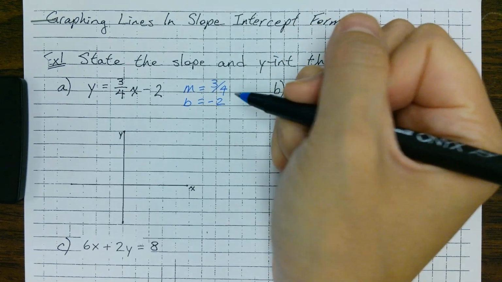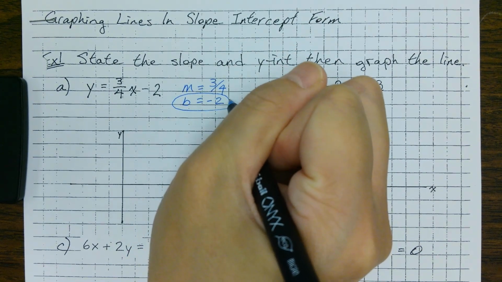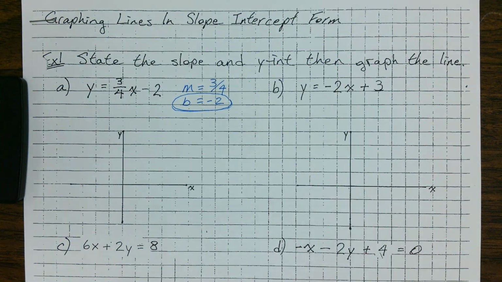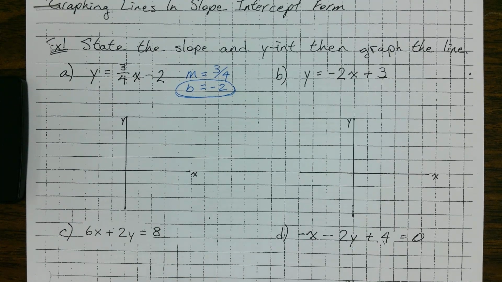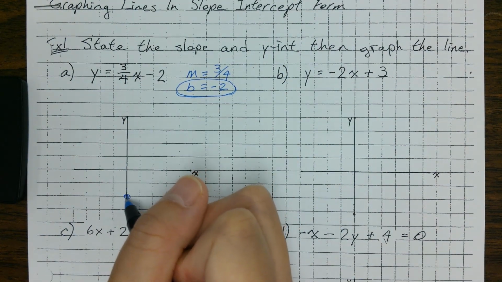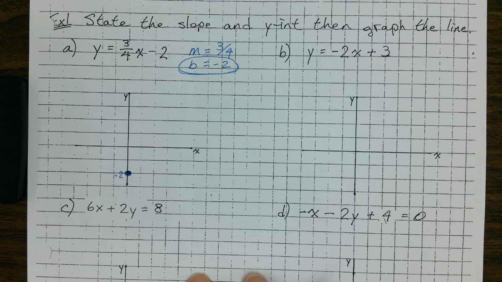Negative 2. So when we graph it now, what we have to do is always graph your y-intercept first. Always graph this point first. Where's the y-intercept? On your y-axis. So negative 2 on your y-axis. Okay, so this is negative 2 right here. Y-intercept on the y-axis.